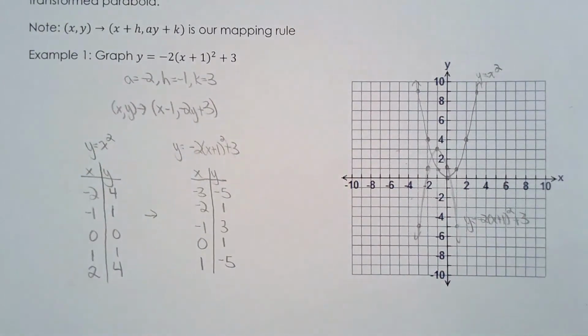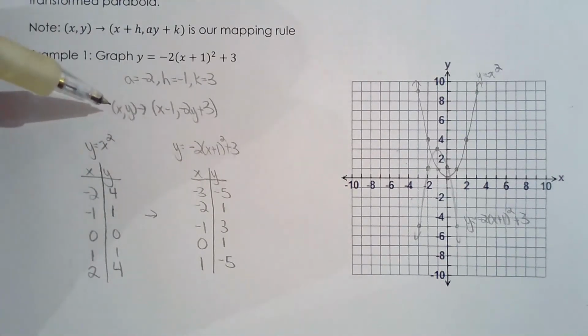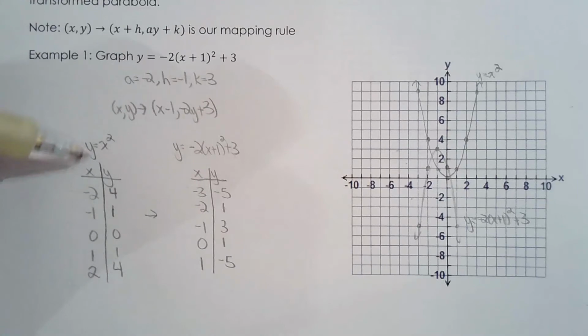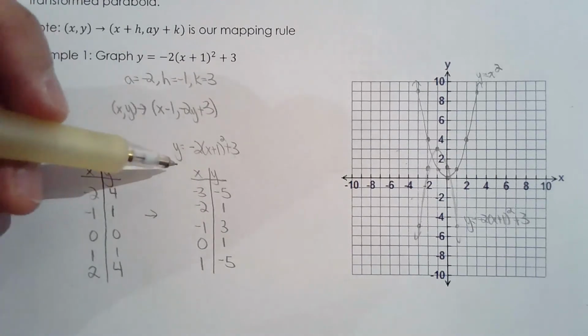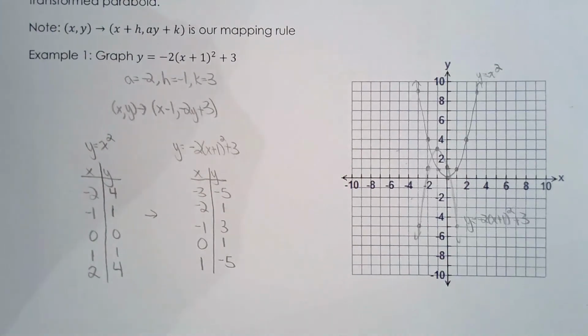There we go. So that's how you really graph transformed quadratic relations in grade 11 as well. You state the parameters, develop the mapping rule, grab the original points, use the mapping rule to find the location of the new points, and then plot, plot, plot, connect the dots.